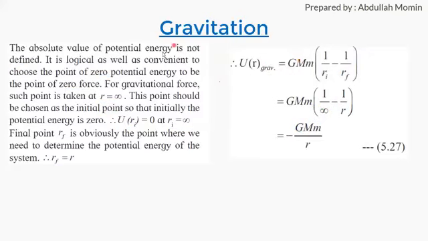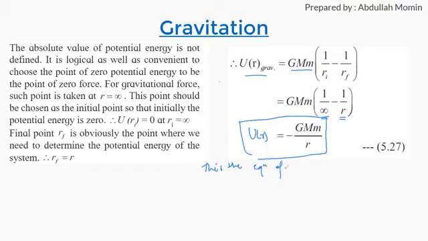We have the formula of gravitational potential energy, GMm times 1 upon initial minus 1 upon final. The initial position is infinity and the final position is r, so the change in potential energy is minus GMm upon r. This is the equation of potential energy of an object at any point at distance r.